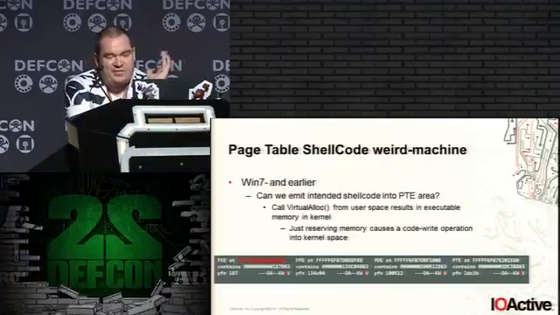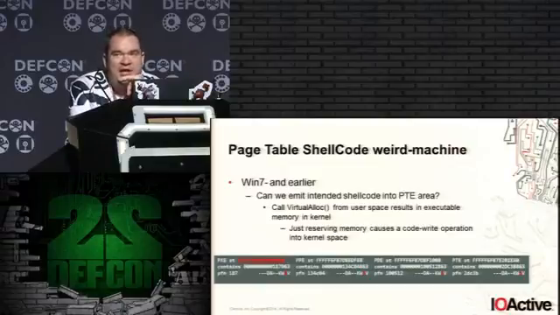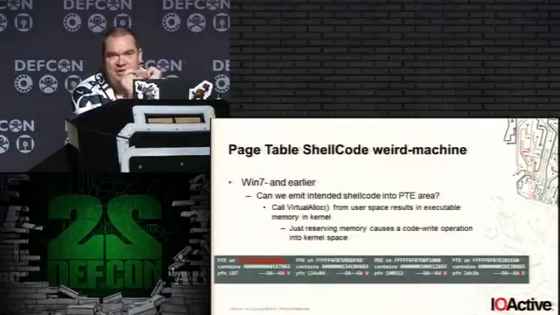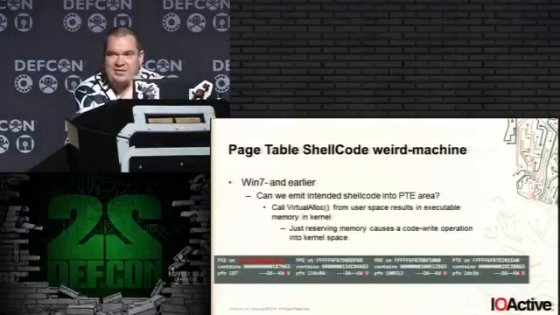By just doing a VirtualAlloc in user space, so not as an administrator, an unprivileged user, even a remote user, if I'm interacting with a service on a web server, when I send a request to that server, when it allocates memory to receive that, that allocation emits executable information into the kernel space.